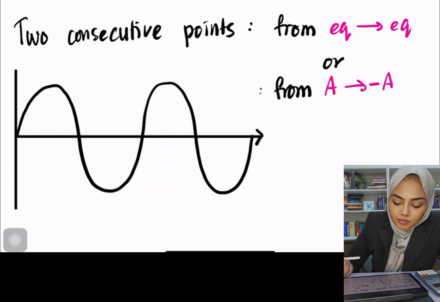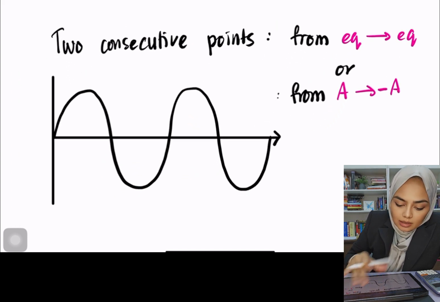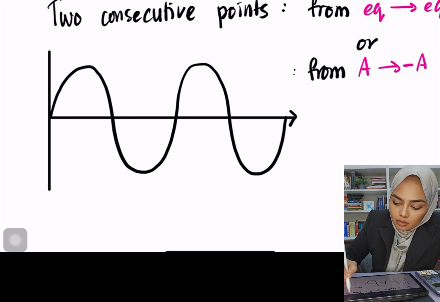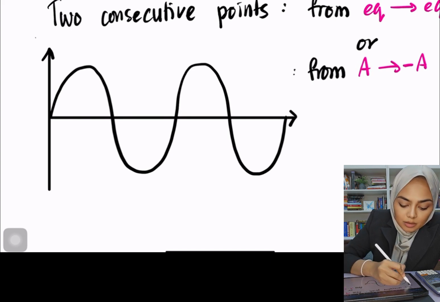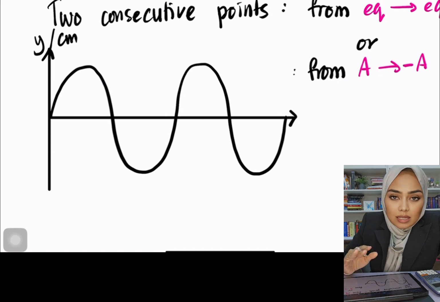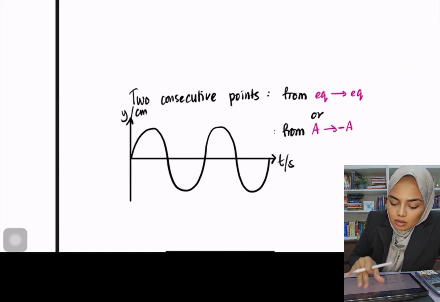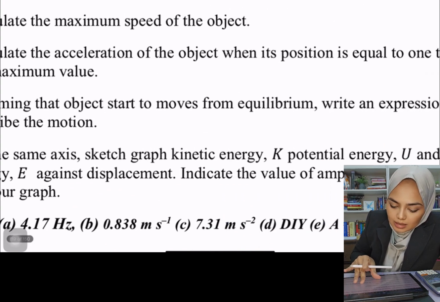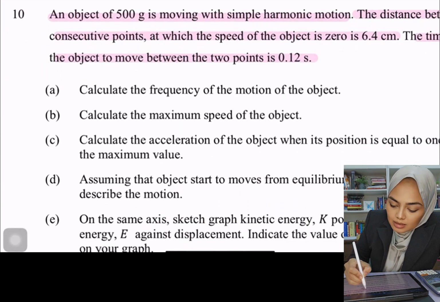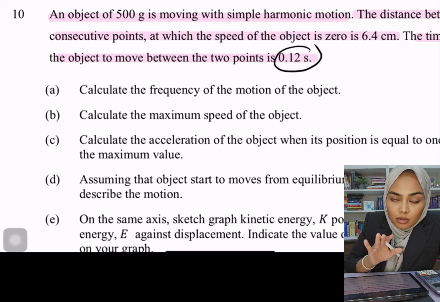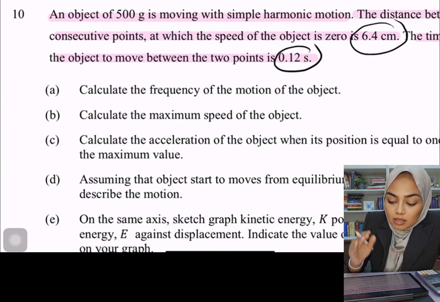So that's the meaning. So in this case, kita tahu yang ini ialah kita punya displacement, in centimeters. Yang ini ialah kita punya time in second. So dia bagi kita dekat dalam soalan ni, masa daripada two consecutive point ialah 0.12 second, and then the displacement ialah 6.4 centimeters.